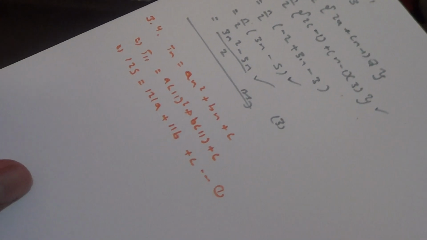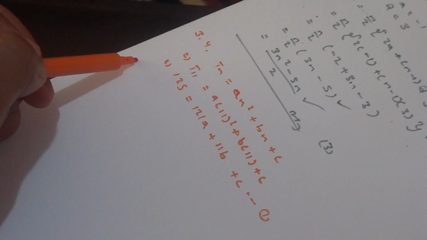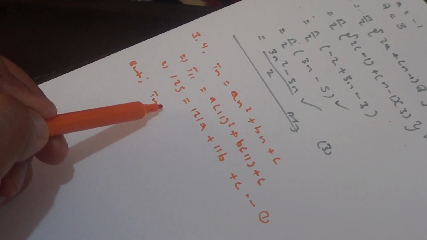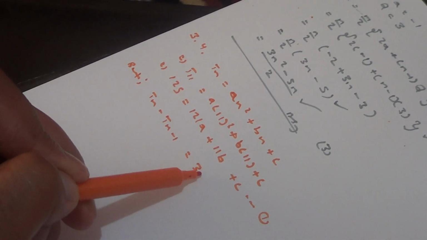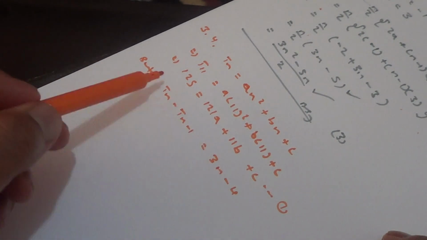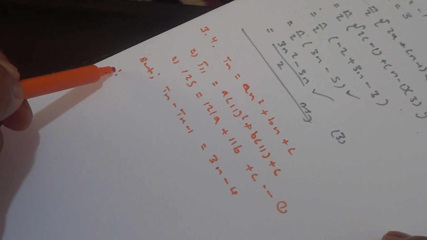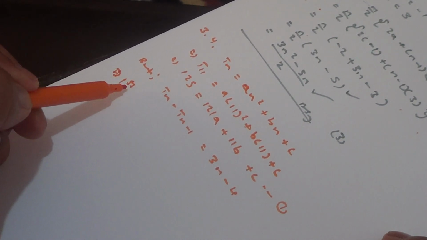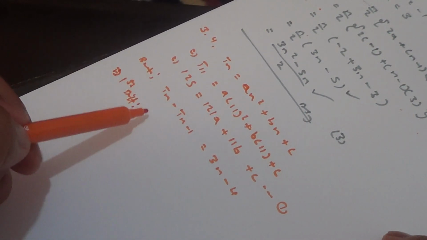Okay, so what do we know? We know that tn minus tn minus 1 equals 3n minus 4. And these are the first differences. This implies that the first differences are going to be in this manner.